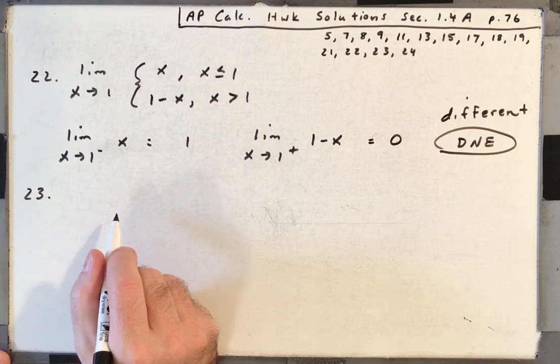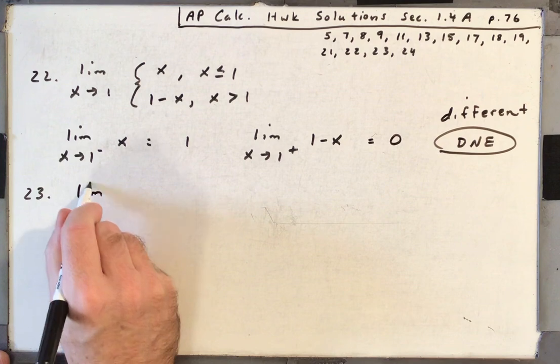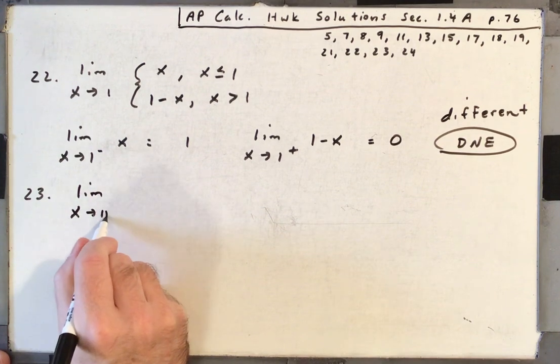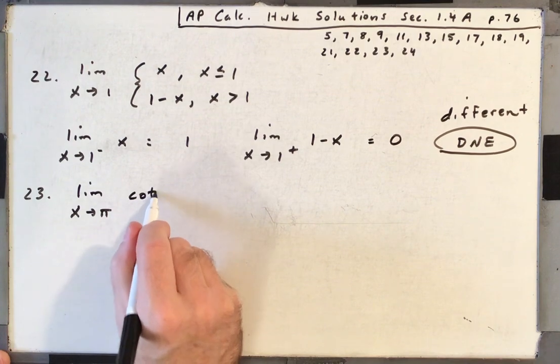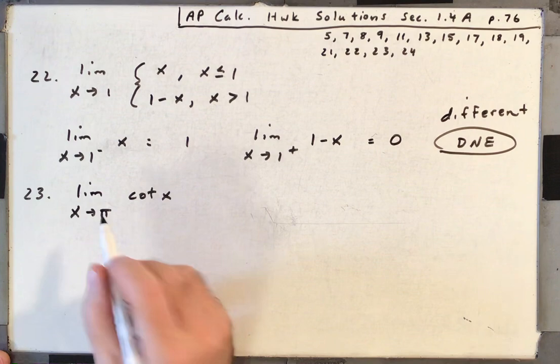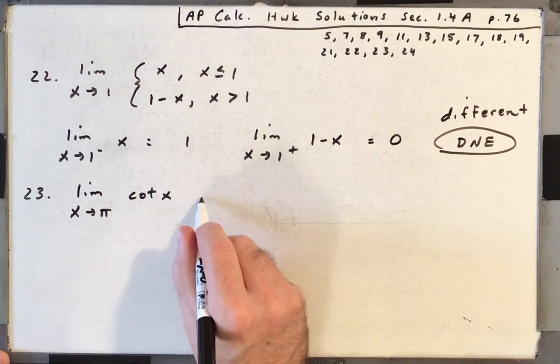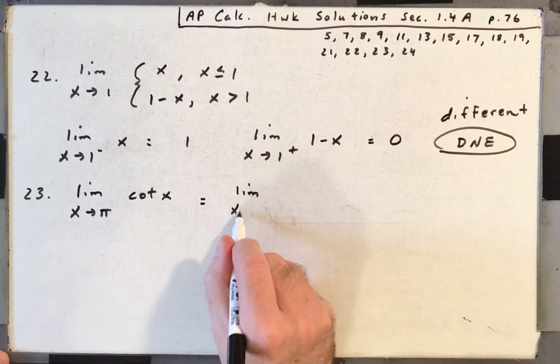All right, 23. We've got the limit as x approaches pi of cotangent x. Well, in this case, there's no from the left or from the right here. We're going to just see if we can plug in. This is the limit as x approaches pi.